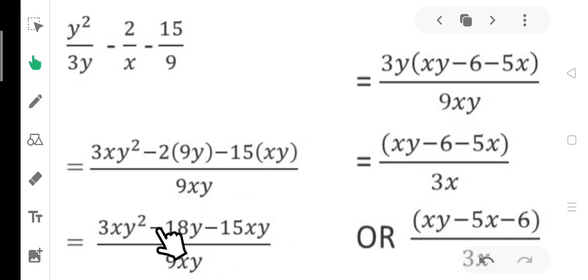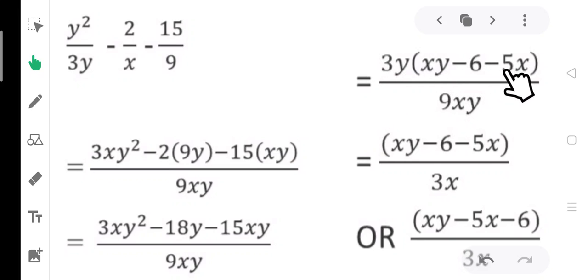And then, for the numerator, 3xy squared minus 18y minus 15xy, we could see common monomial factor. So we have common factor of 3, negative 18, and negative 15 is 3. And then for the variable of each term, we have the common variable y. Okay, so that is the common monomial factor, 3y.